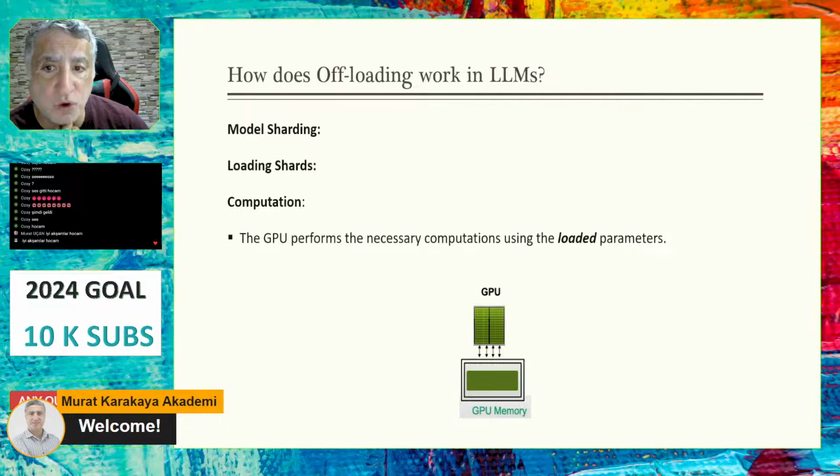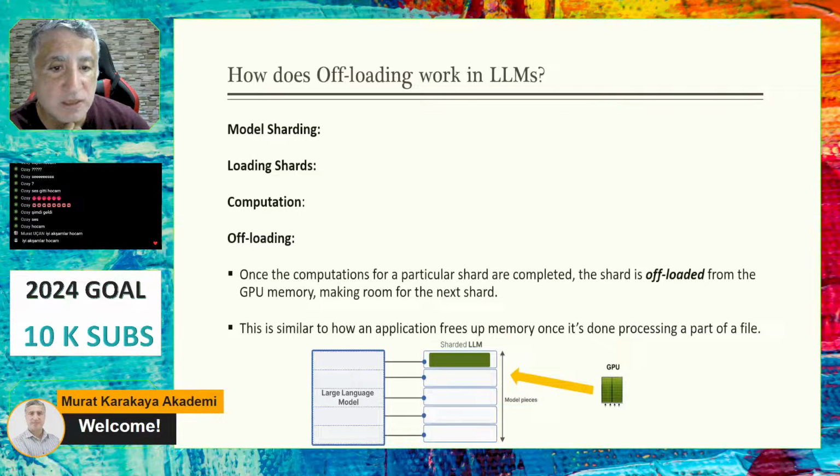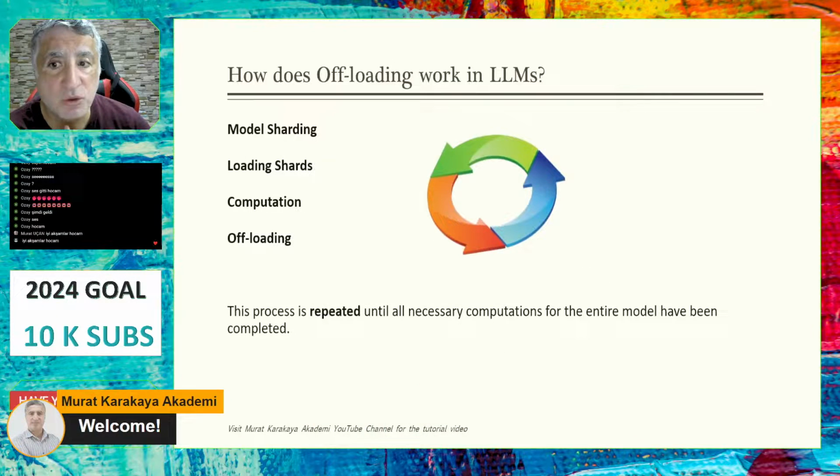You do the computation with the current shard, then you copy the results, then you offload the shard to the hard disk, and then you copy the next shard, and this way in a cycle you just load, offload, load, offload. You are switching between the shards in an order so that you can imitate that the whole model is running.